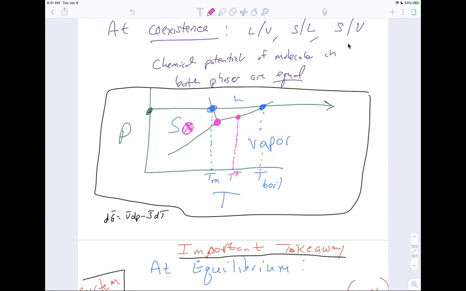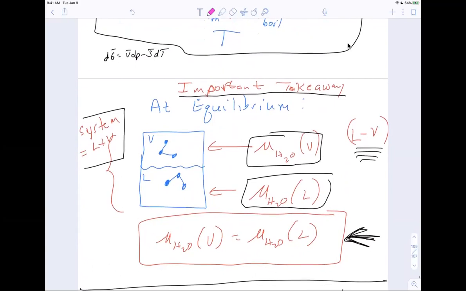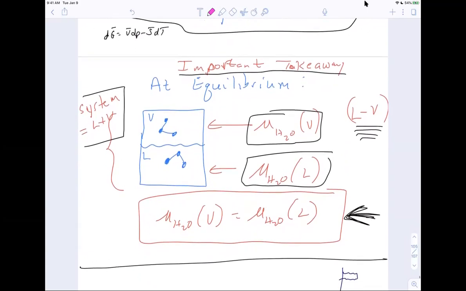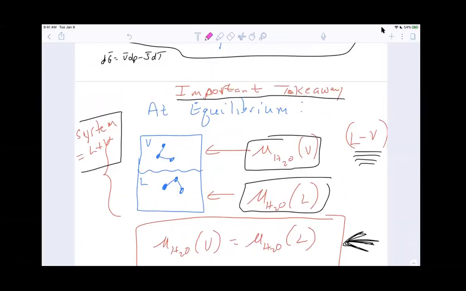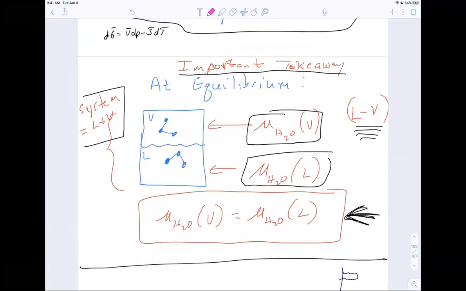How many degrees of freedom do we have given the number of components? So if you have multiple components and multiple phases, how many degrees of freedom do we have? So that's the question I want to address now.